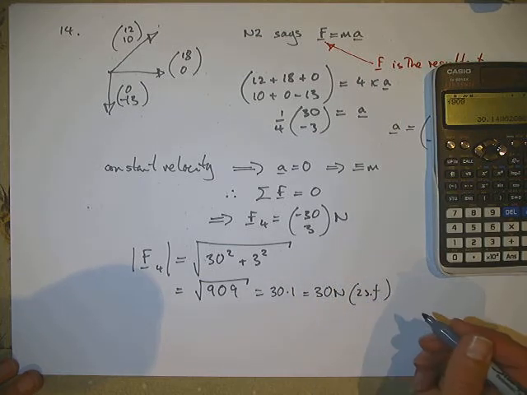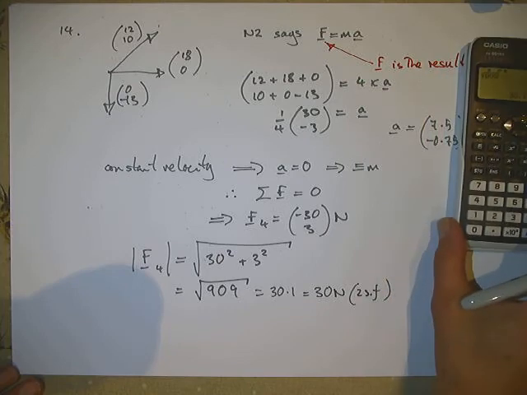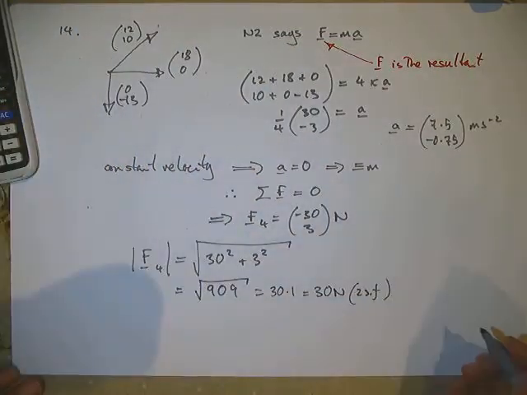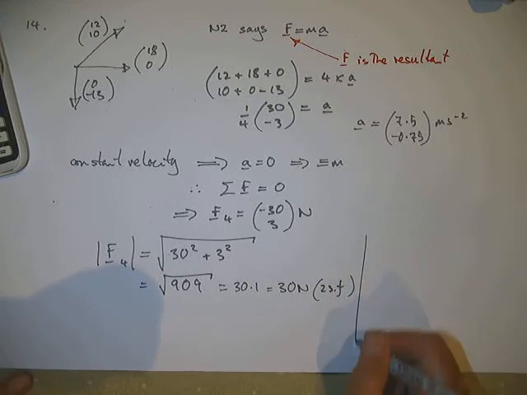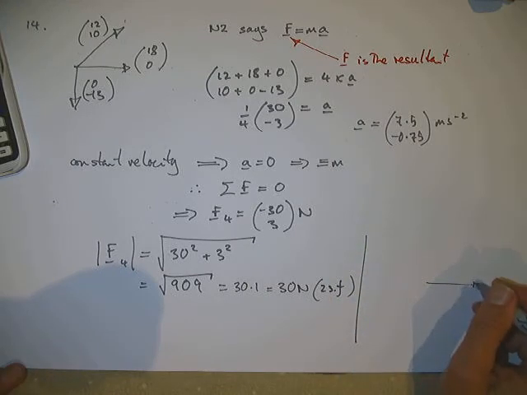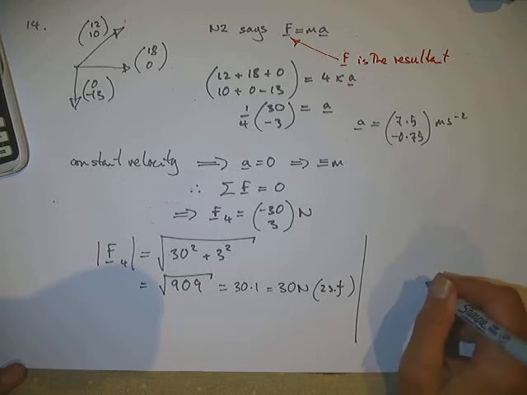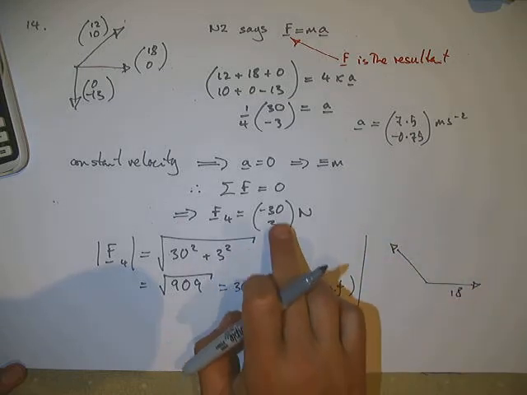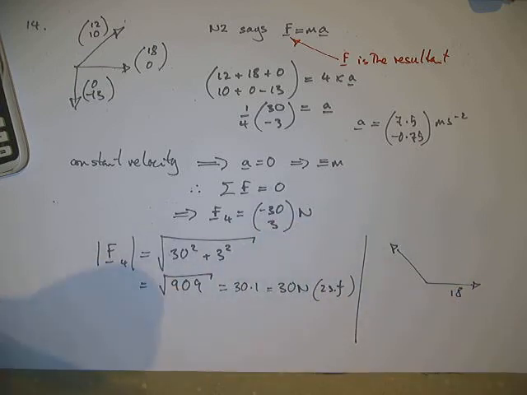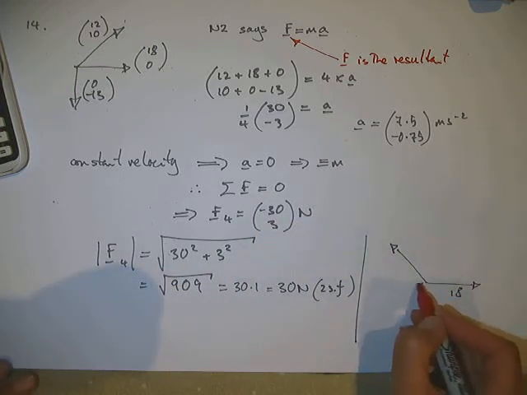The angle it makes with the 18 Newton force. Always a diagram, okay? Always a diagram. Let's shift that way a bit. So we've got an 18 Newton force, and I've got a force which is 30 that way. Again, on the exam, it's all in one colour.